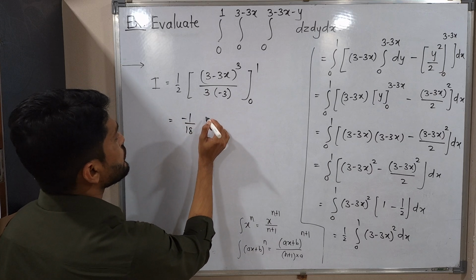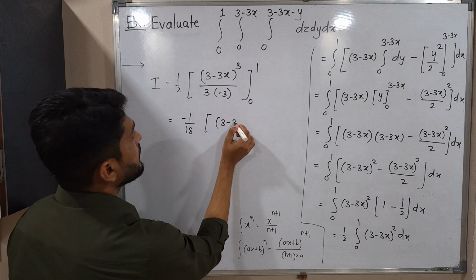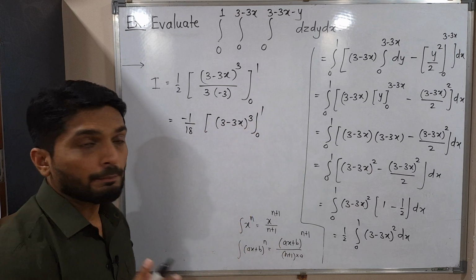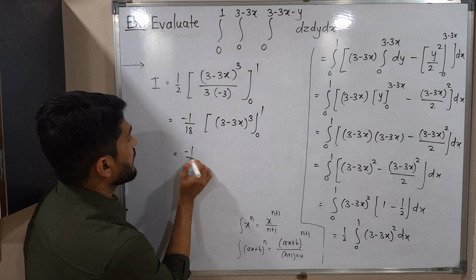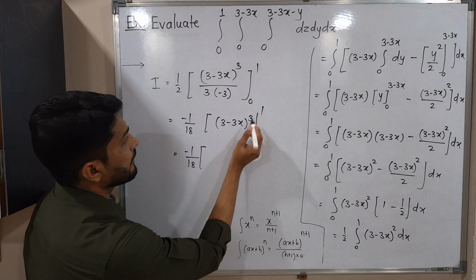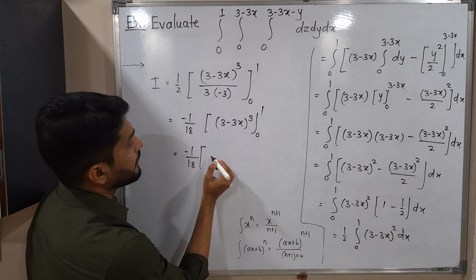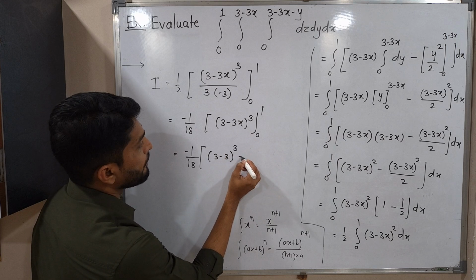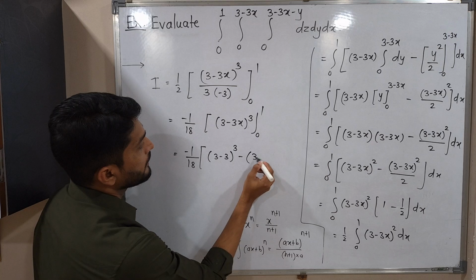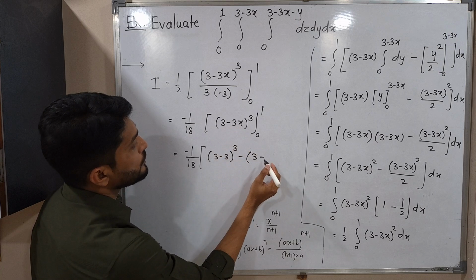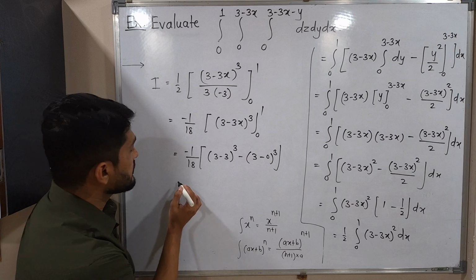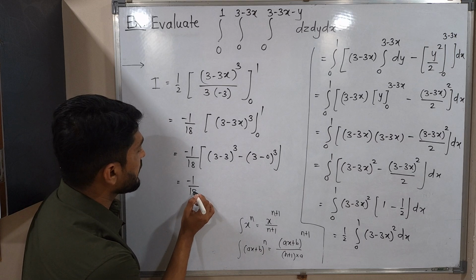So 18 in denominator. So that's why I'm writing in this one. (3 minus 3x) cube, 0 to 1. I am putting the upper limit first. Minus 1 by 18. If I put 1 here, 3 minus 3 into 1, 3 cube, minus, if I put 0, 3 minus 3 into 0, 0 cube. Getting the point?